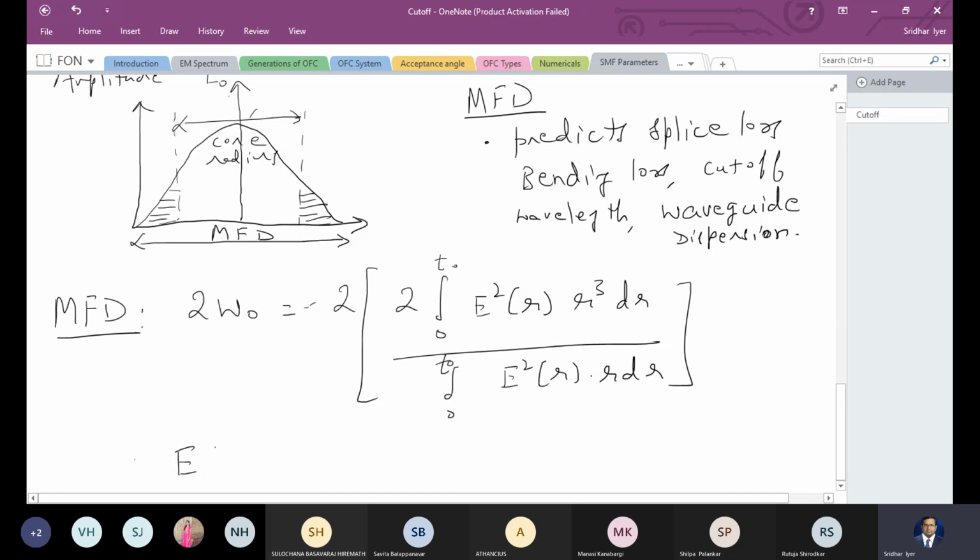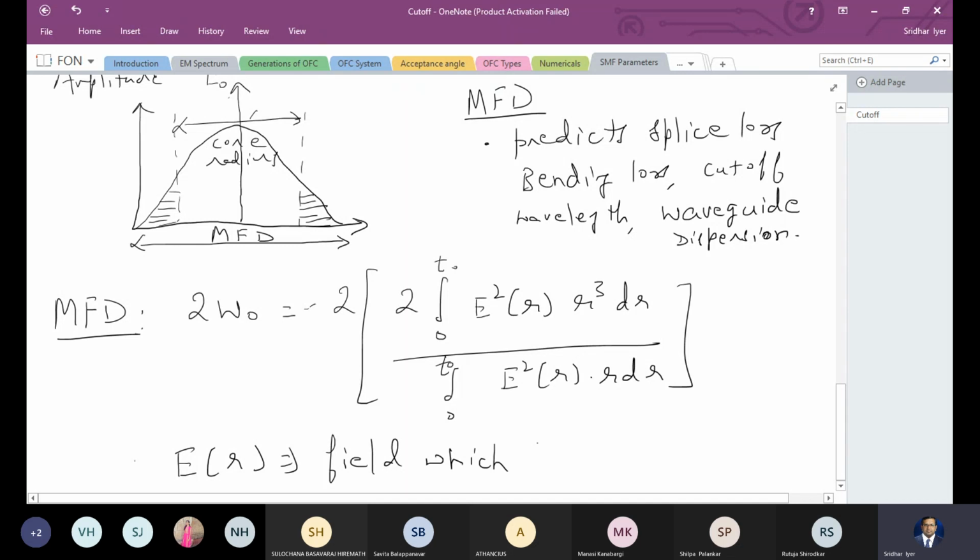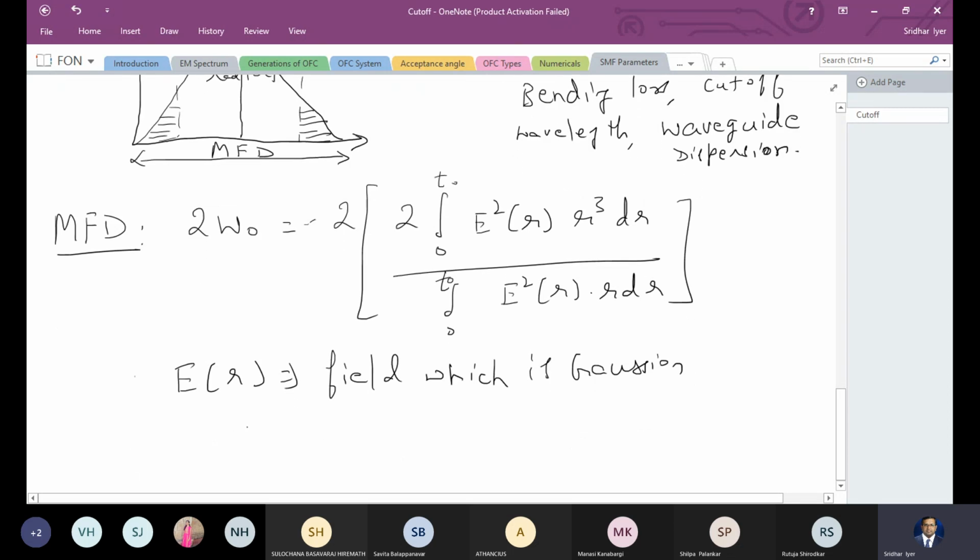and in this equation E of r is a field which is Gaussian in nature, as you can see from the graph. So it is like a Gaussian PDF. And here E of r, since it is Gaussian, is given as E naught times the exponent of minus r squared divided by w naught the whole squared.